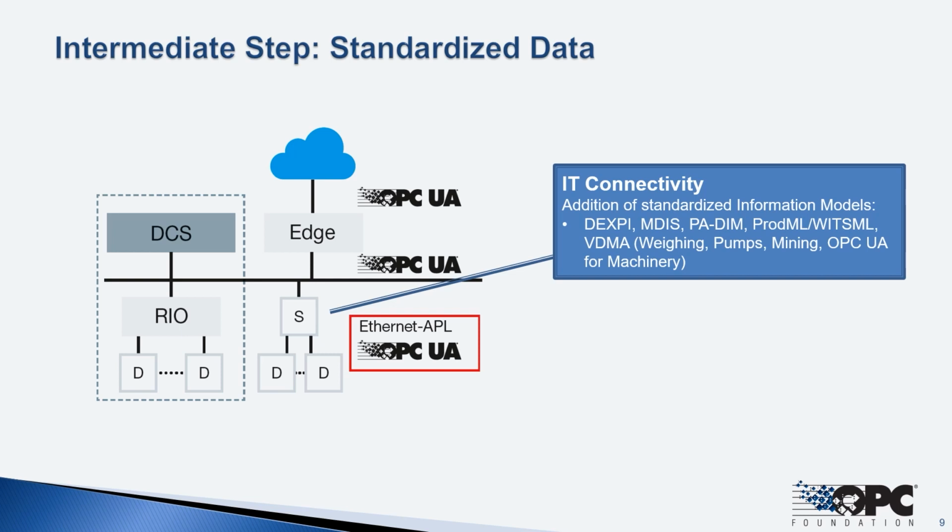You can see here a small list of partner organizations that have taken time and effort to collaborate across industry sectors to develop standardized information models. Listed here, we see DEXPI, MDIS, PA-DIM, and let's not overlook VDMA. They are very prolific with over 20 companion specs alone.